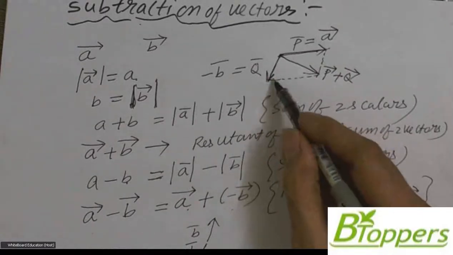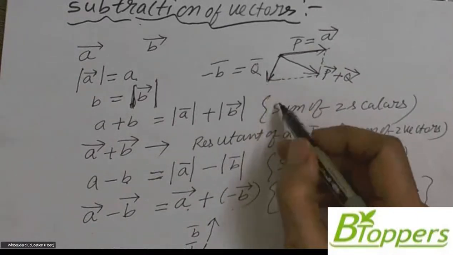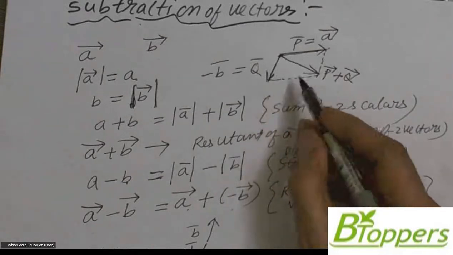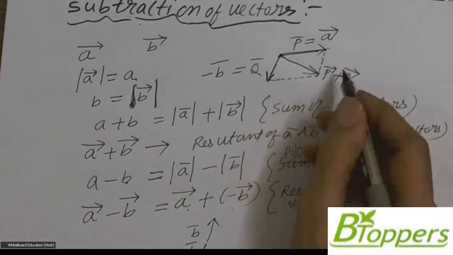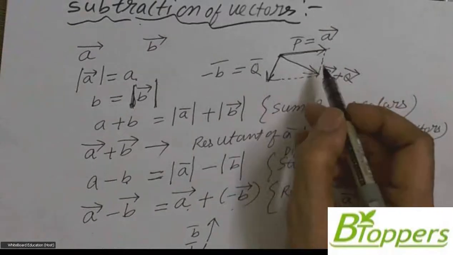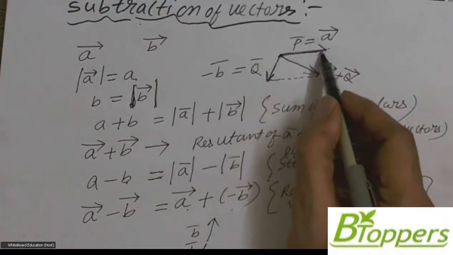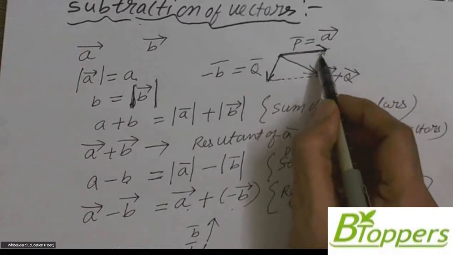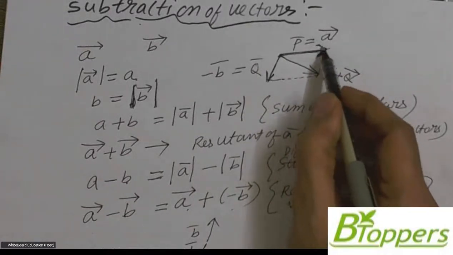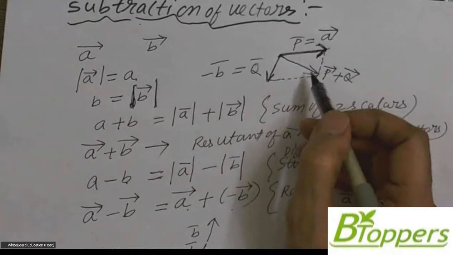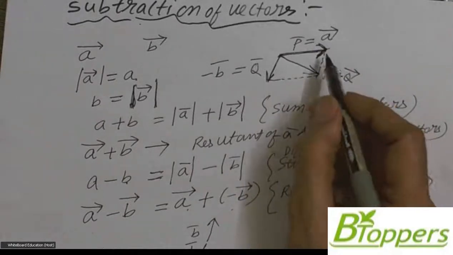So next I am going to discuss the usual graphical method for finding the difference of two vectors. The same graphical method we follow or use while solving problems based on subtraction of vectors.